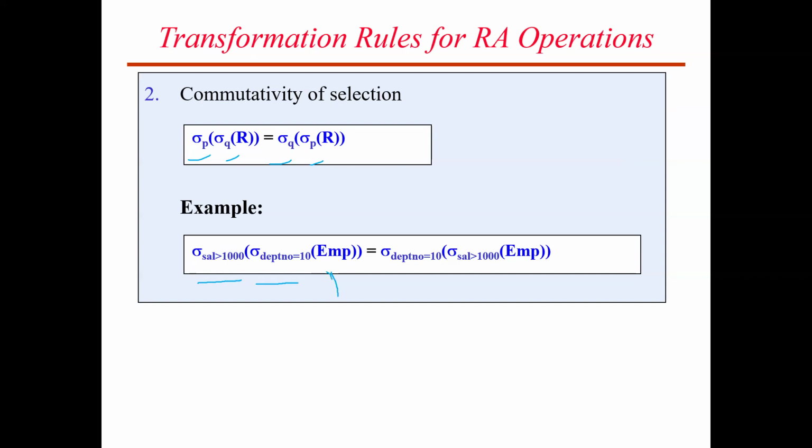So you have an employee table, and out of it you select only those employees whose department is 10, and out of this you select only those whose salary is greater than 10,000. This is equivalent to first selecting salary greater than 10,000, then selecting department number 10. The result is the same for both of them. So this is called commutativity of selection.